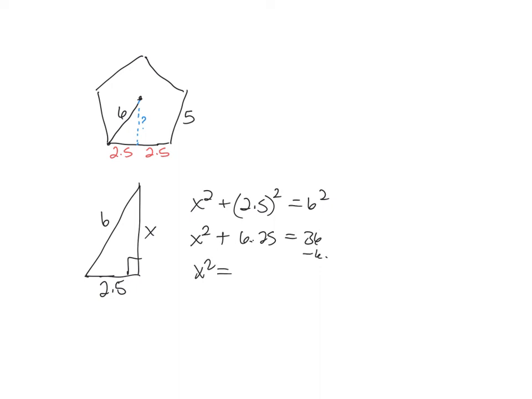So I'm going to subtract 6.25, and I'm going to get 29.75. Just remember to do your subtraction right. And then I'm going to do square root. So square root of 29.75 is 5.5. It's 5.45, but we're going to round it up.